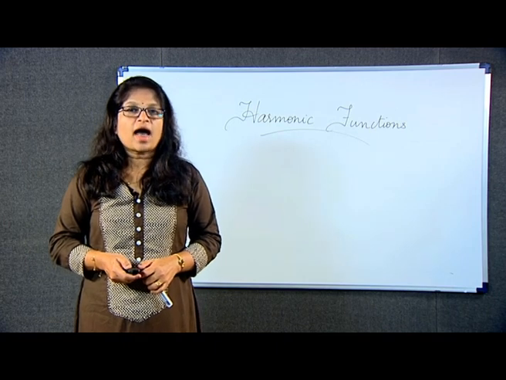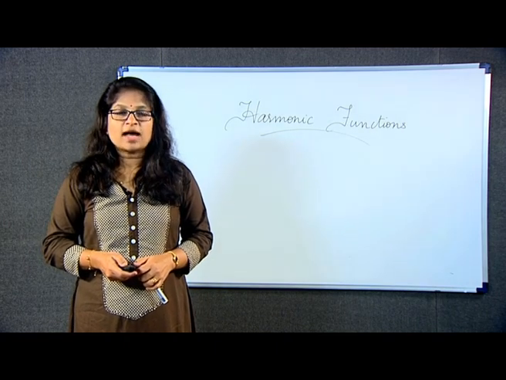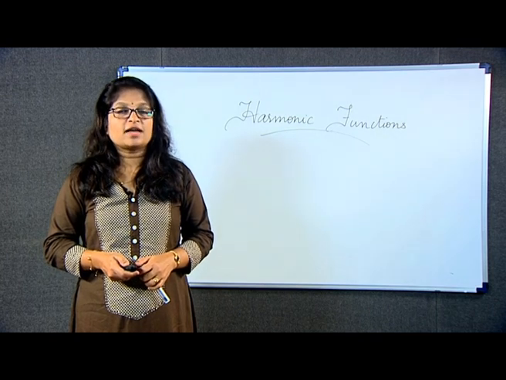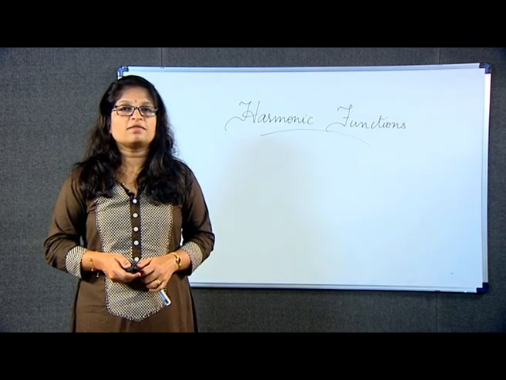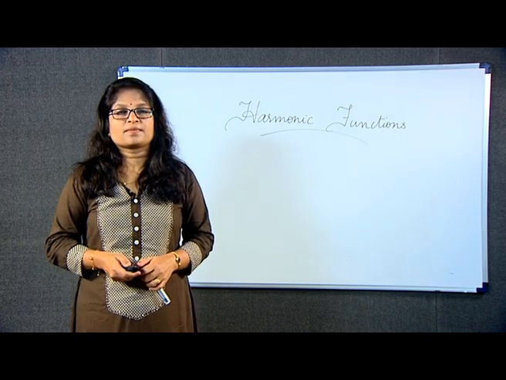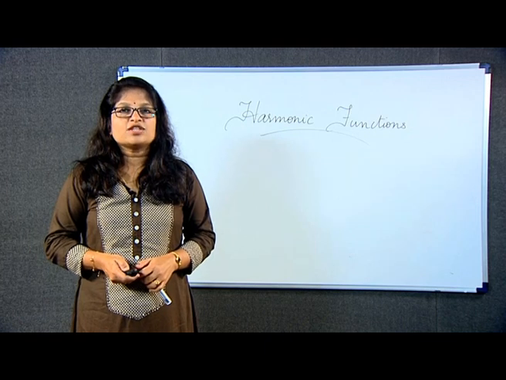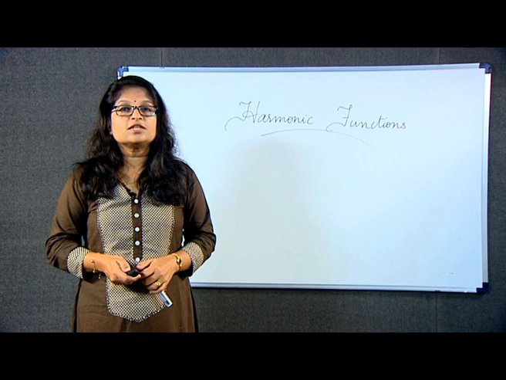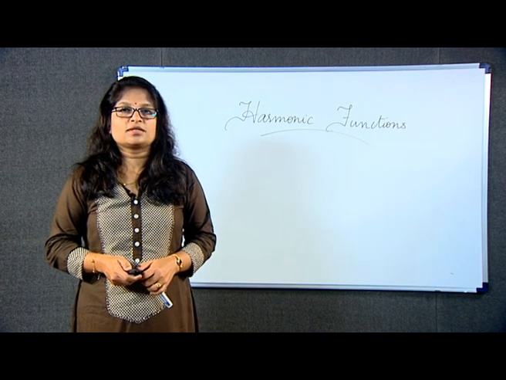So, once you have f equal to u plus iv analytic, then you call u and v, that is the real and imaginary parts of the function, harmonic conjugates. So, the real and imaginary parts of a function f of z which is analytic are known as harmonic conjugates.